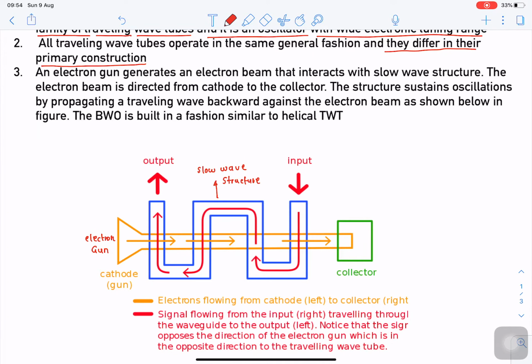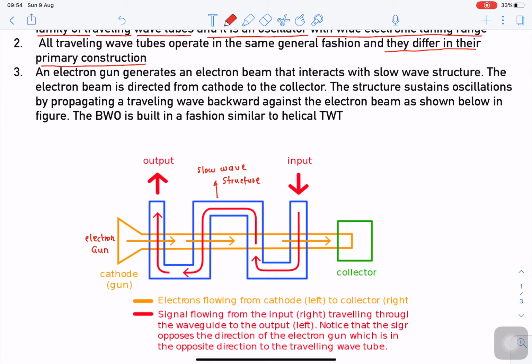So here, how are the sustained oscillations generated? The sustained oscillations are generated by momentarily passing a microwave signal from the output side towards the side of the cathode.